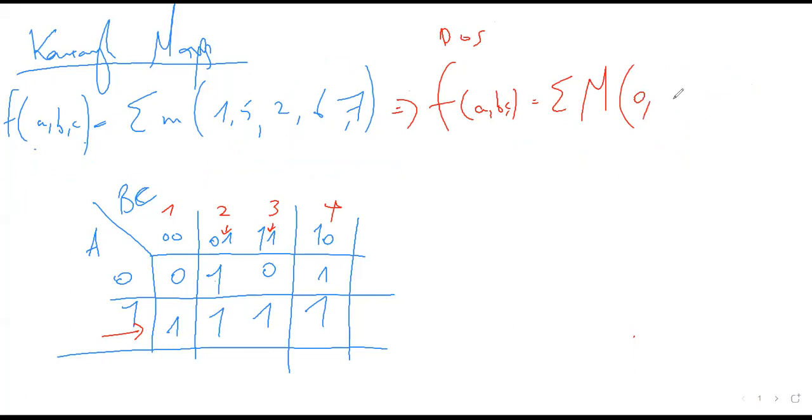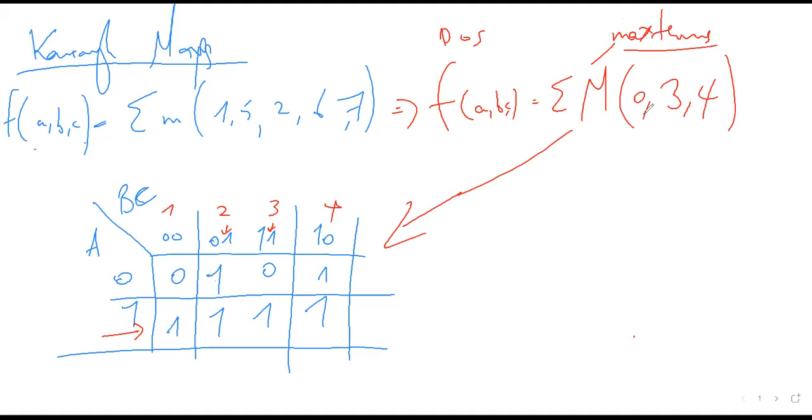0, 3, 4, 5, 6, 7. Like this. When we are now using zeros, this is the notation we use, product of sums. Now, the Karnaugh table will be the same for the values, maxterms. Is this a sum of maxterms or a product of maxterms?